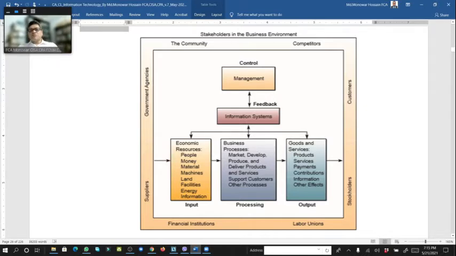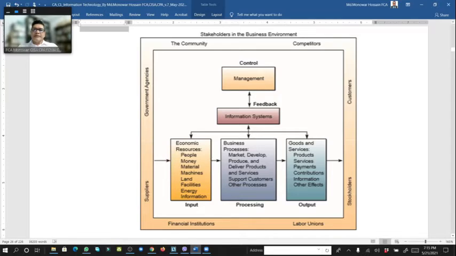Then output: goods and services, our product, service, it may be payment, contribution, information or data, final, that means finished data, and other effects can be output.